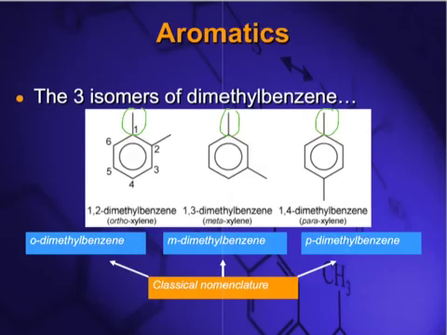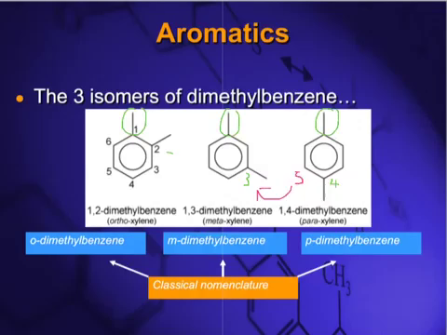It can be attached to position 2 here, or it could be attached to position 3, or it could be attached to position 4. Now you're wondering, could it be attached to position 5? Yes, it would, but then it would just be a mirror image of the one at position 3. Therefore, we do not name aromatic molecules at position 5 and 6.